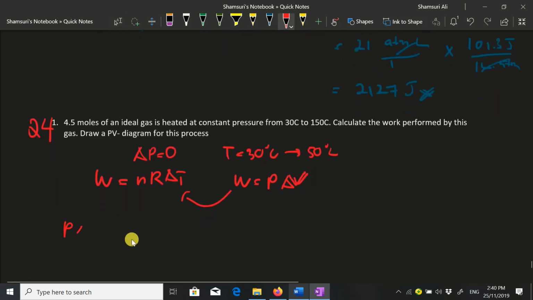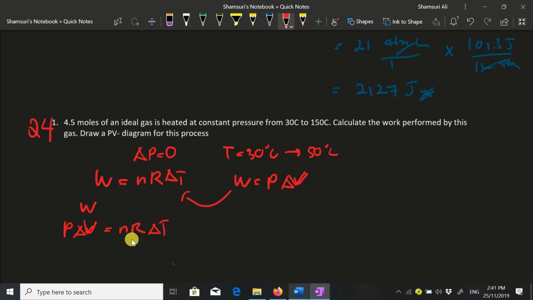So P delta V is equal to n R delta T. So we can directly use this formula, P delta V equals nRT, or we can also say this one is work.